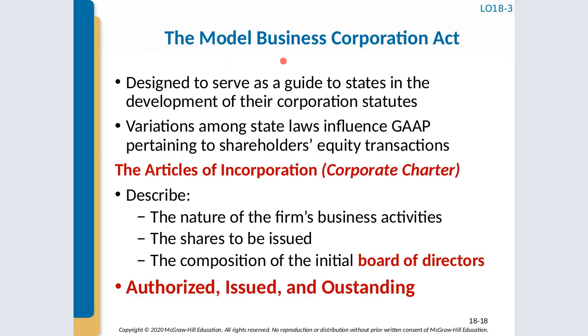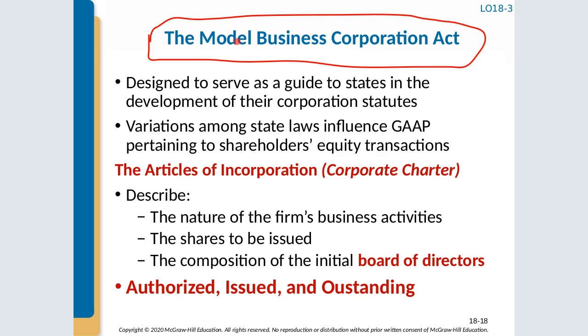We have a Model Business Corporation Act, and maybe you guys have seen this in more detail in your business law class. Basically, it provides specification as to the certain documentation that the corporations must have.